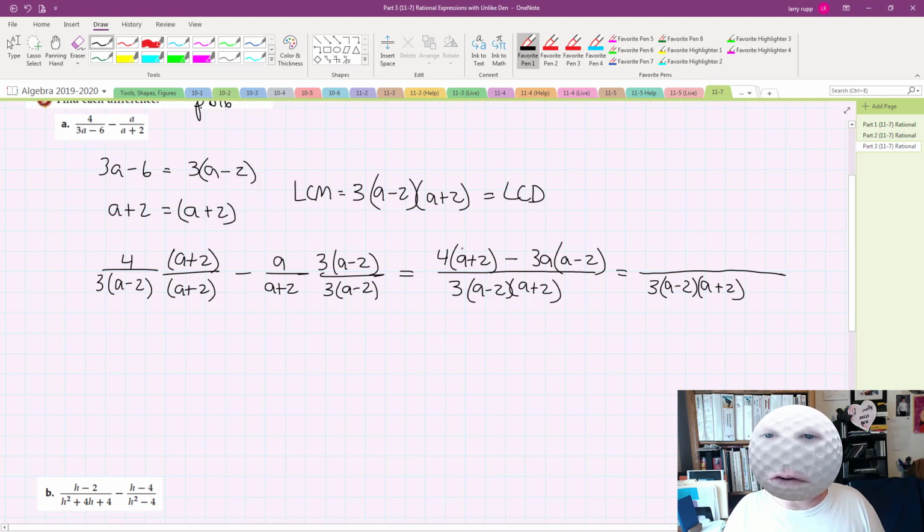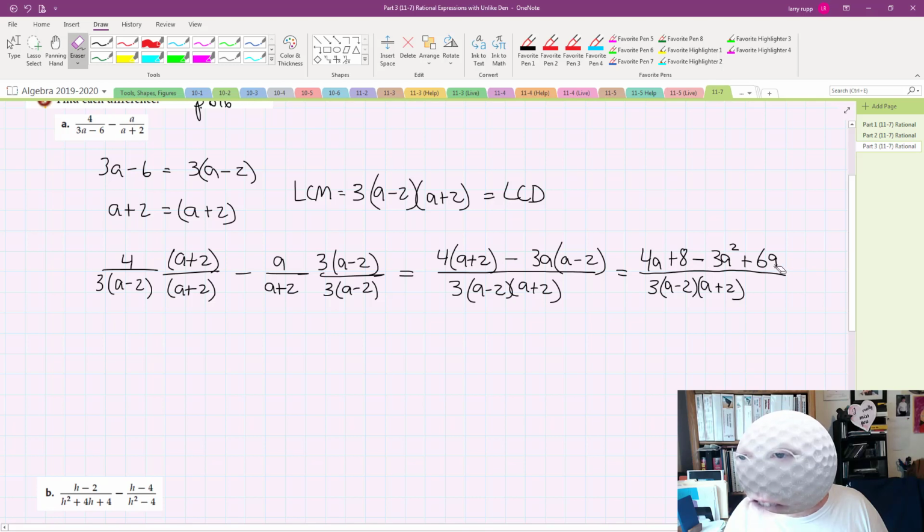So we distribute the 4 across the inside of the parentheses here, so we're left with 4a plus 8 minus 3a times a is 3a squared, and then we have a minus here, so that would be plus, and then 3a times 2, which is 6a.